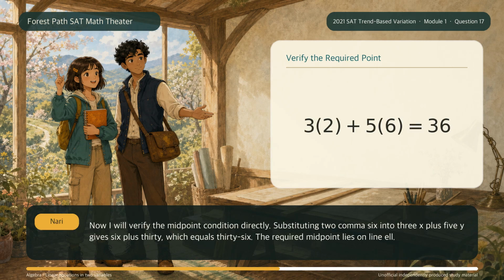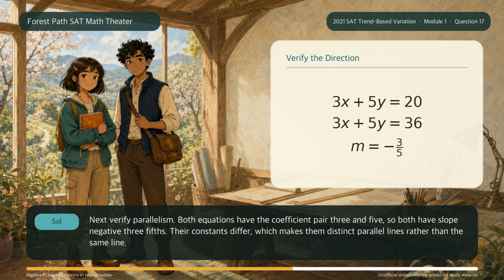Now I will verify the midpoint condition directly. Substituting 2, 6 into 3x plus 5y gives 6 plus 30, which equals 36. The required midpoint lies on line L. Next, verify parallelism. Both equations have the coefficient pair 3 and 5, so both have slope negative 3/5.